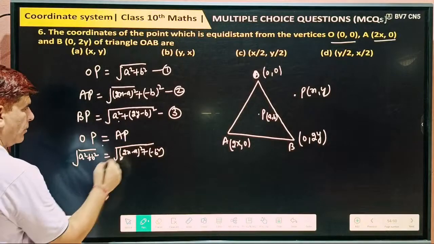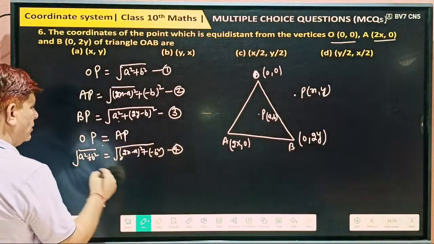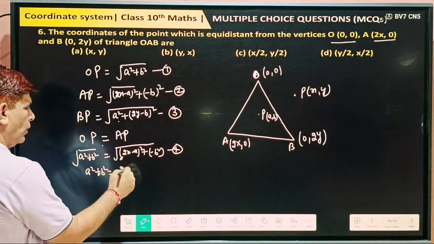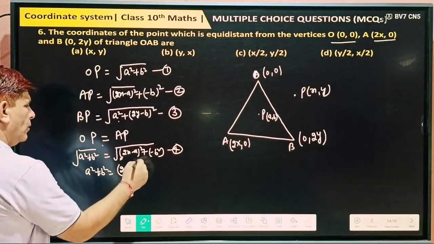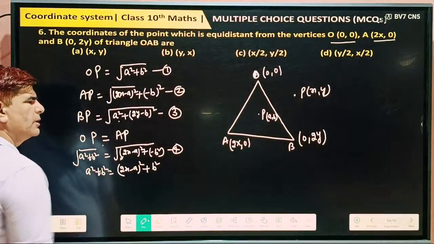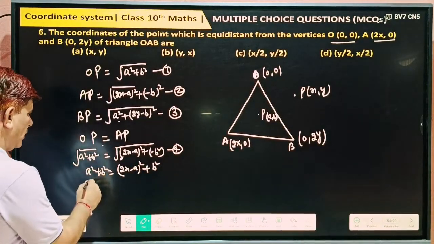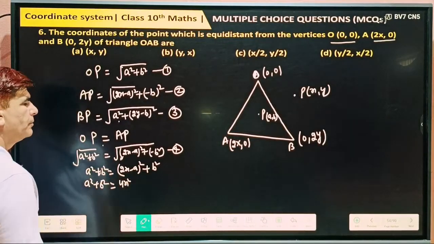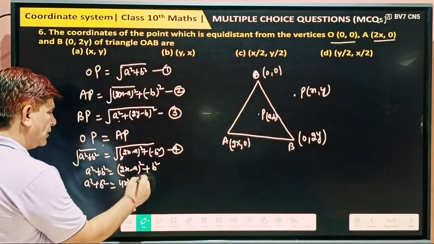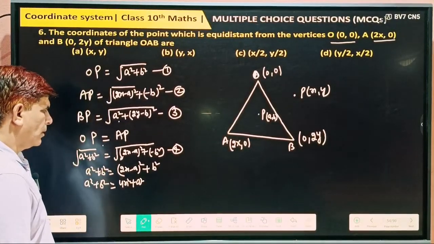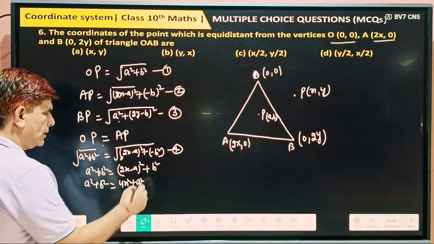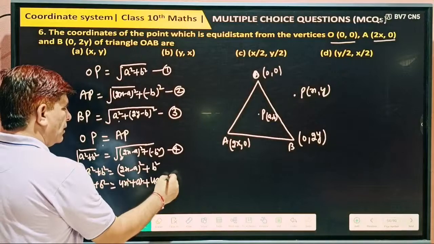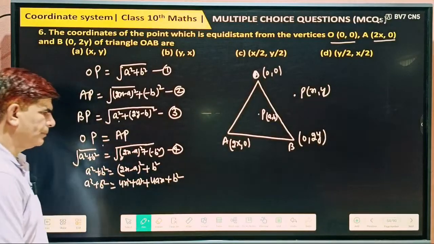Solve it, squaring both sides. Squaring both sides, a square plus b square equal to 2x minus a whole square plus b square we can say. So a square plus b square equal to 4x square plus a square minus 4ax plus b square.